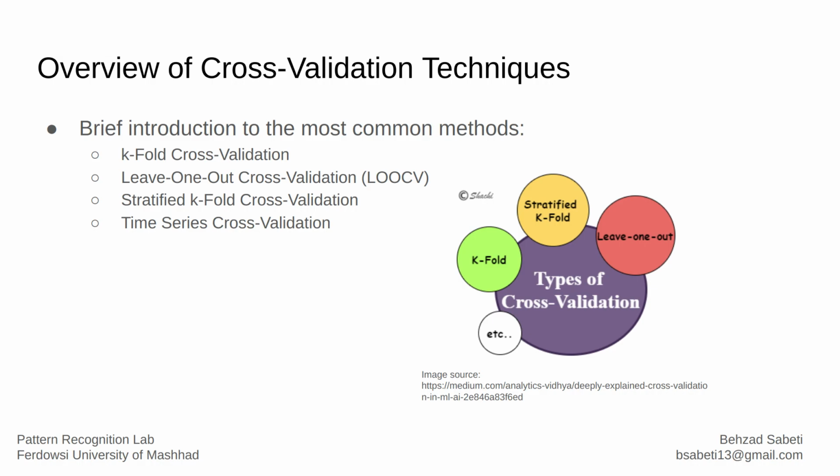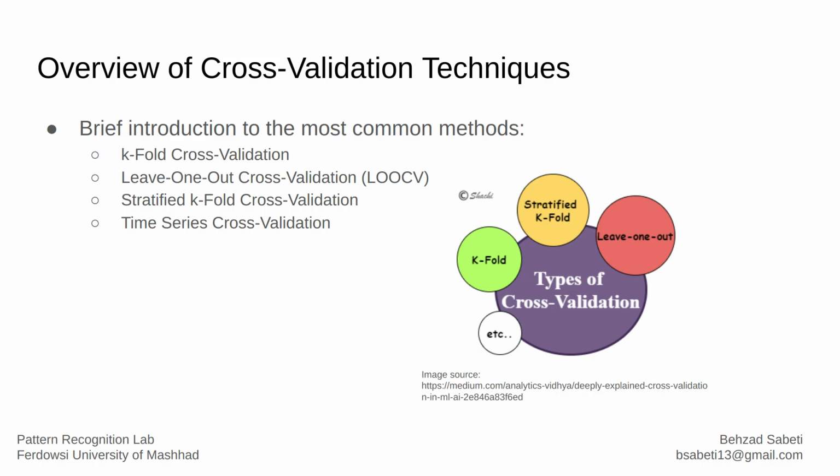Before we dive into the details, let's start with a review of the most common cross-validation techniques. The four main methods we'll discuss, which we had discussed before, are number one, k-fold cross-validation, which splits data into k subsets. Number two, leave one out cross-validation, or LOOCV, where each data point is used once as the validation set.